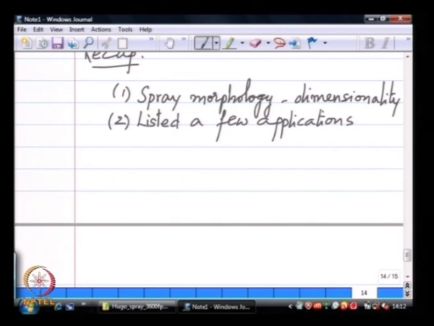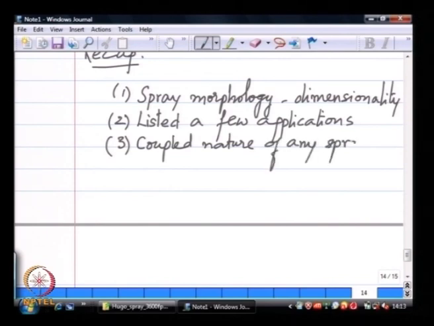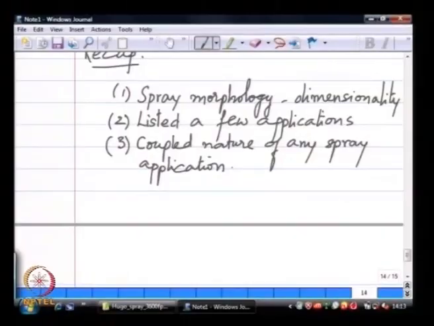And wrote down the different challenges in each of these applications. Okay. And then we started to study the coupled nature of any spray application. So, if we have to apply these sprays intelligently in any application, we really need to get a hold of at least the third part. We need to really get a hold of the coupled nature of these applications.